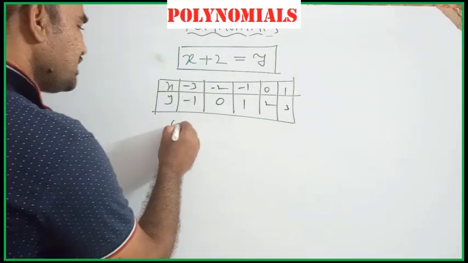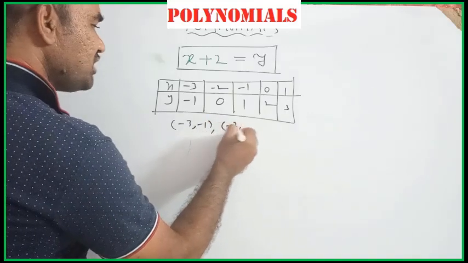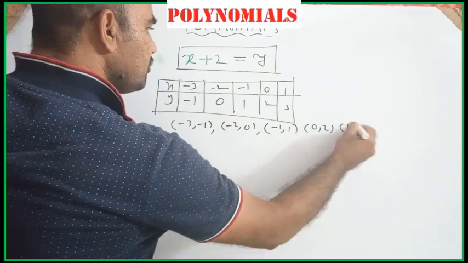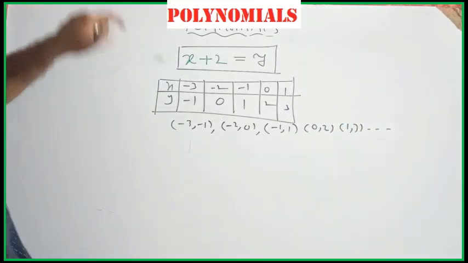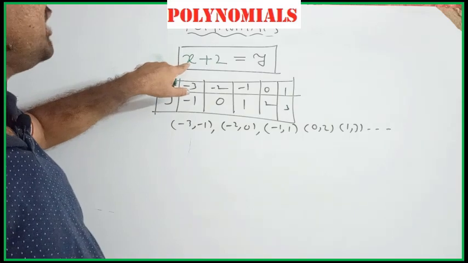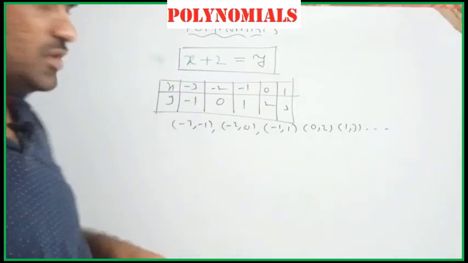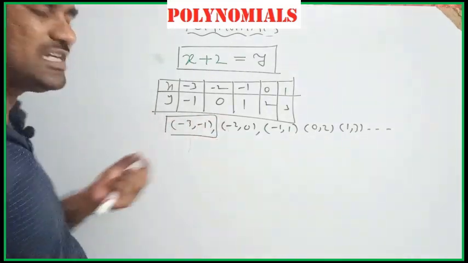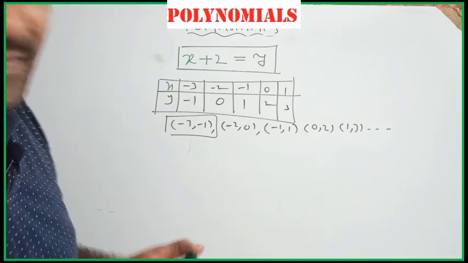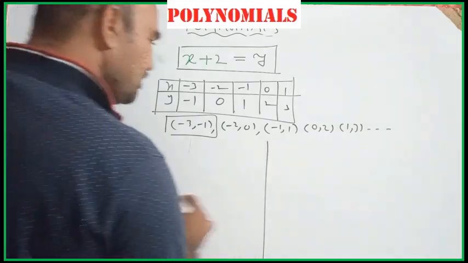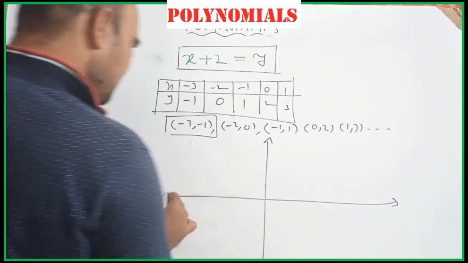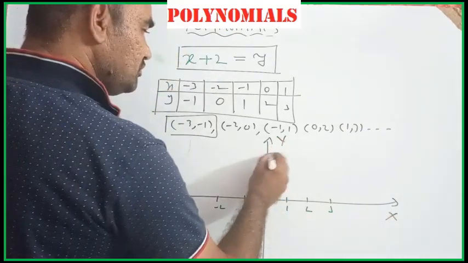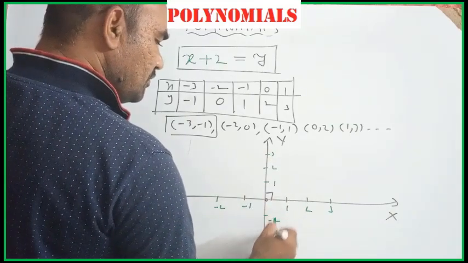Means minus 3 comma minus 1, minus 2 comma 0, minus 1 comma 1, 0 comma 2, 1 comma 3 are some solutions of this linear equation x plus 2 equal to y. You know that every ordered pair gives a dot on the coordinate plane. So this is the coordinate plane, or in your language a graph paper. This is x axis, this is y axis, this is origin.